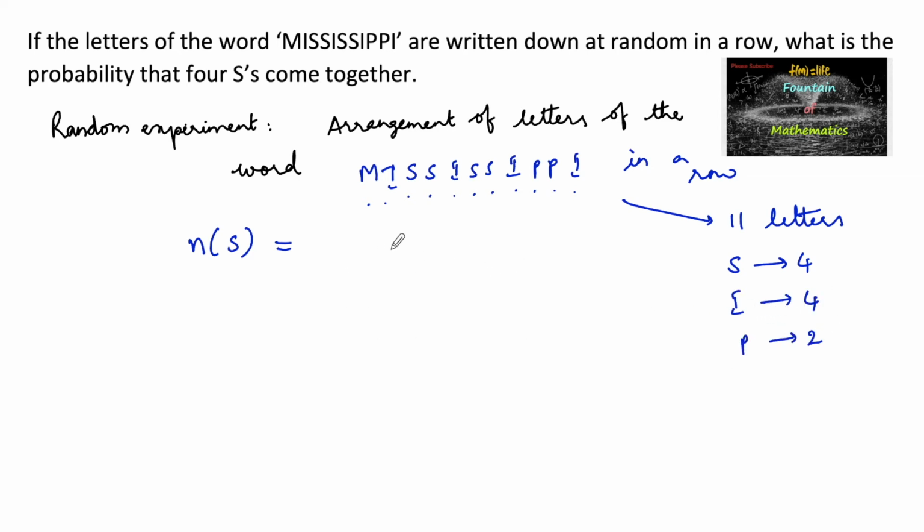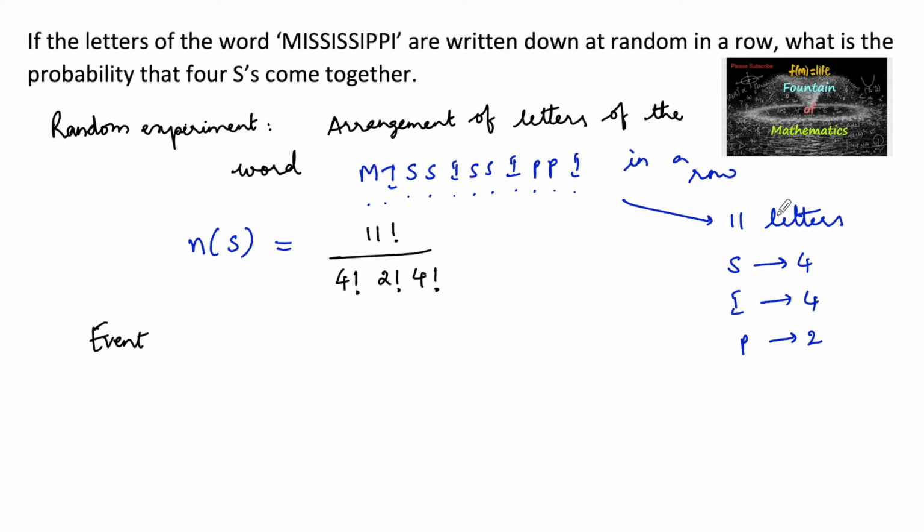So the number of arrangements is 11 factorial upon 4 factorial, 2 factorial, and 4 factorial. And now the event is given.